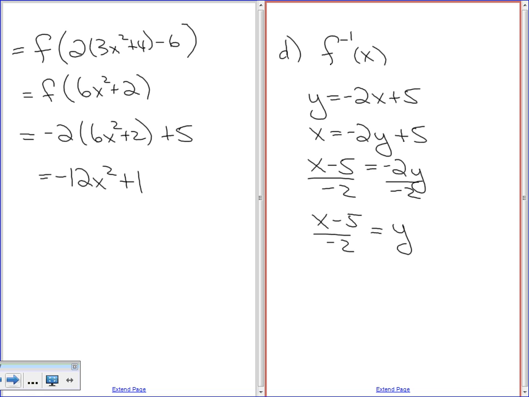If I don't want that negative in the bottom, how can I get rid of it? We've talked about this before, but I think some of us have forgotten how I can get rid of negative denominators. Okay, so you can't multiply the top by the negative, so you're going to change the value of it, right? So you might be knowing how to do it, just not how to say it.